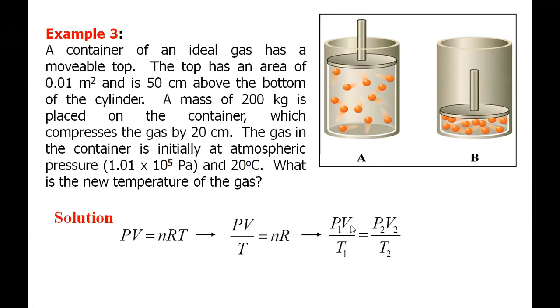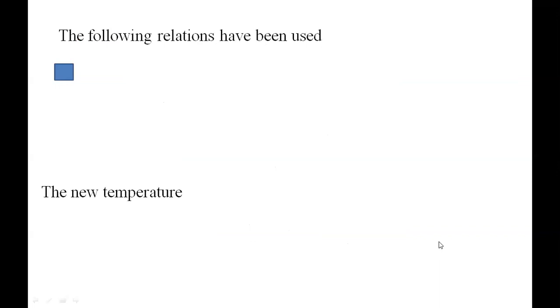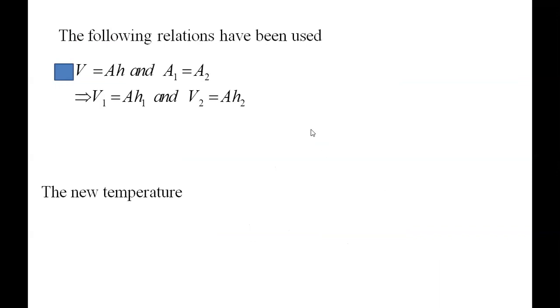So P1 V1 over T1 equals P2 V2 over T2. And we solve for T2. We have the volume: the volume equals area times height, and area 1 of course equals area 2 because the area is the area of the piston.